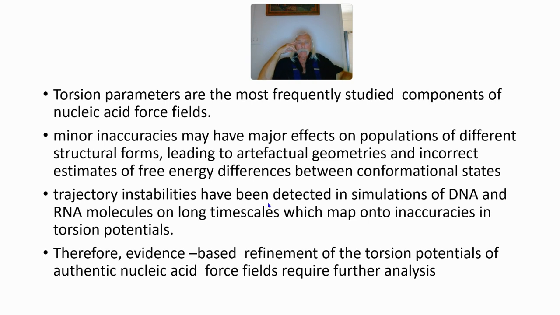Right? So evidence-based refinement of the torsion potentials of authentic nucleic acid force fields always are going to require further analysis. Evidence-based means actual research at the lab bench of DNA protein complexes and not modeling. Okay.